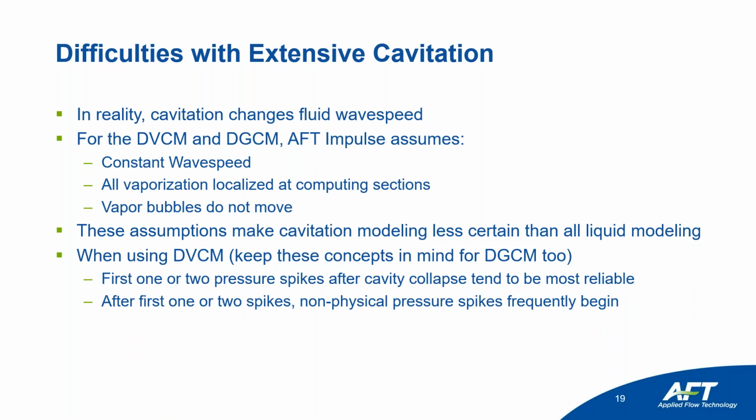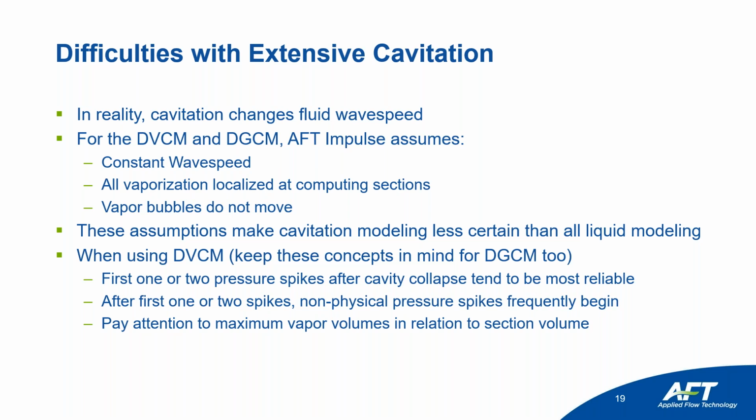Some of them may be real, but a lot of them may not be, so you have to look at things carefully. Pay attention to the maximum vapor volumes in relation to the section volume. Rule of thumb is, again, if that vapor volume is 10% of your section volume or less, your resulting pressure spikes will be a bit more reliable. Now, does that mean that once it goes above 10% that it's not reliable?